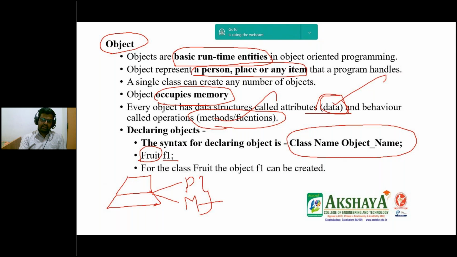You can draw a diagram, you can develop a software, you can prepare an app. An object holds some memory. An object consists of properties and methods. Properties are nothing but data, and methods are nothing but operations or functions. There is a syntax for creating an object: class name space object name.